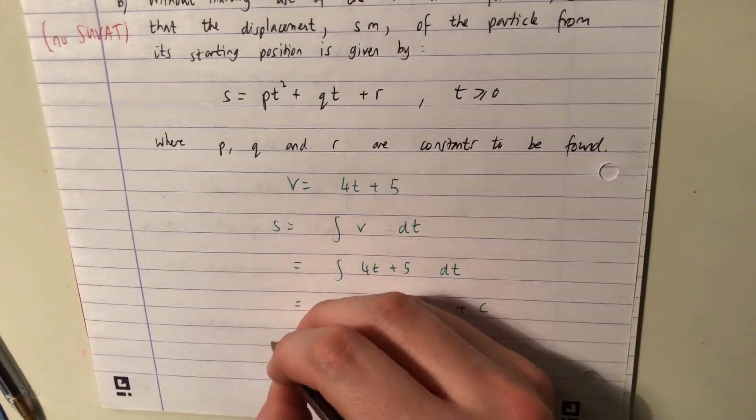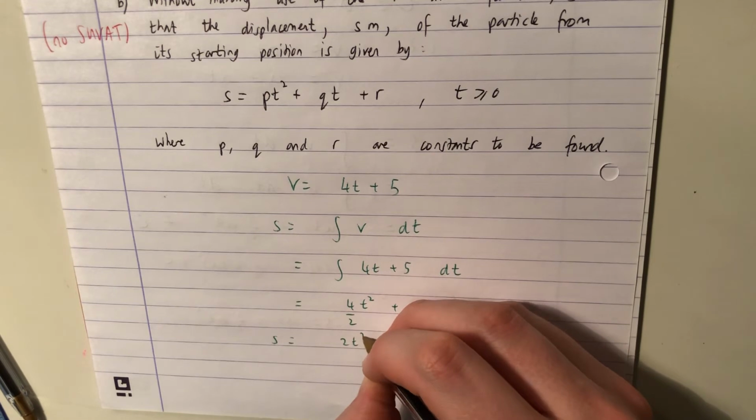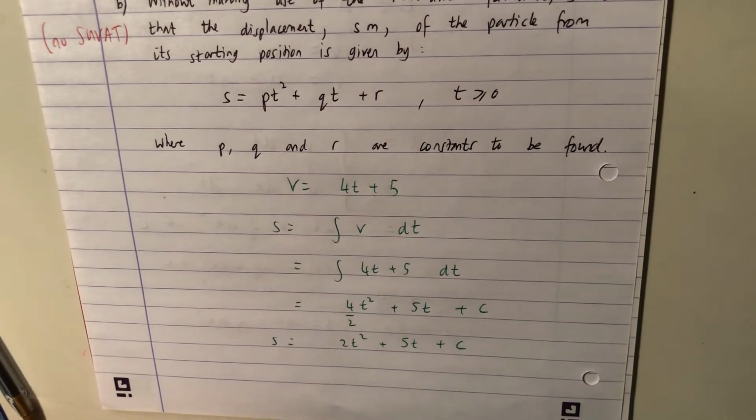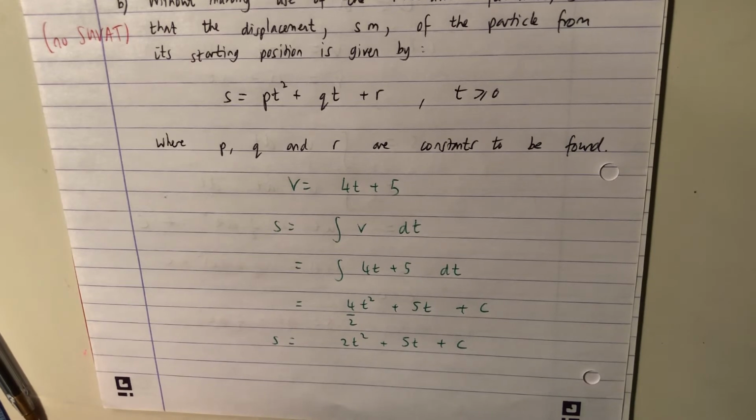So s would be 2t squared plus 5t plus c. And there should be enough information in the question for us to find out what the plus c is.